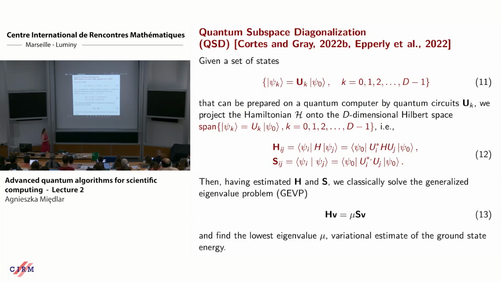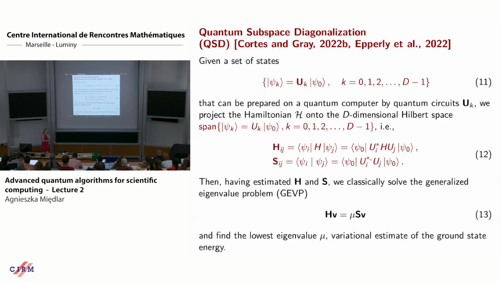If we had orthogonal bases, we would have a classical standard linear eigenvalue problem, so it would be Hv equal to mu v. This is a d by d problem. But since we don't have orthogonal bases, we have a generalized eigenvalue problem, where S is the Gram matrix measuring the inner products between the basis vectors. So this is small. This is d by d. Any questions?